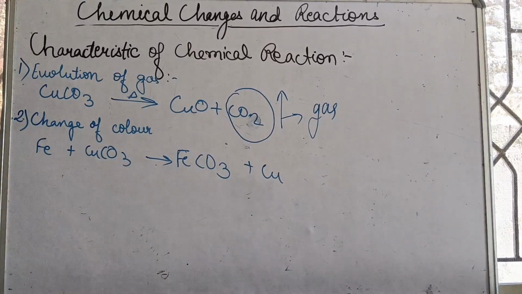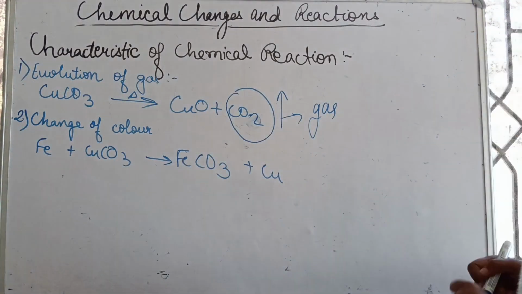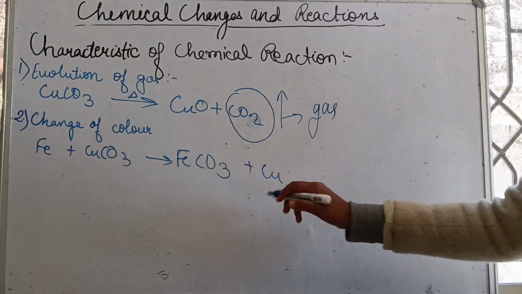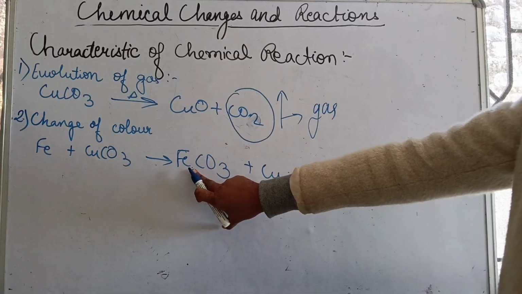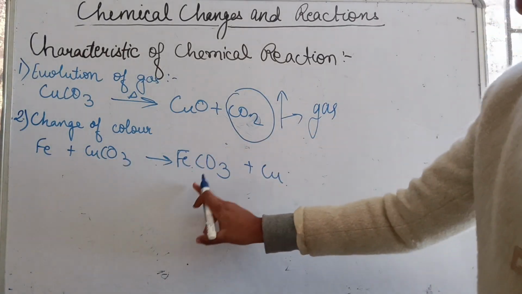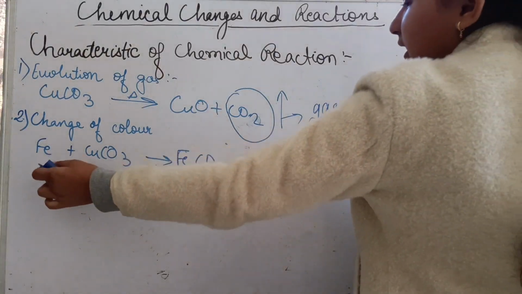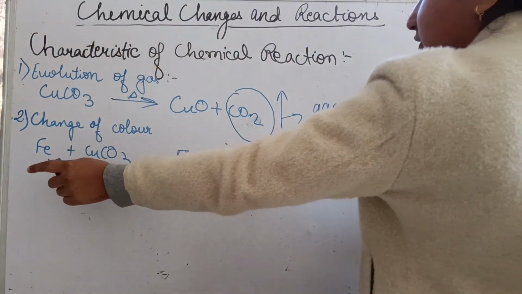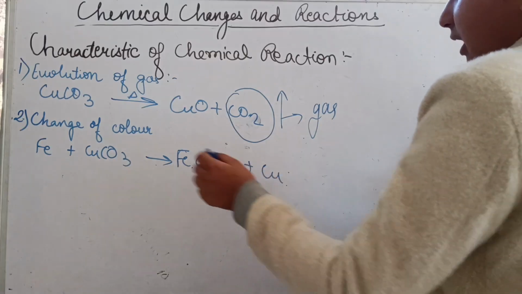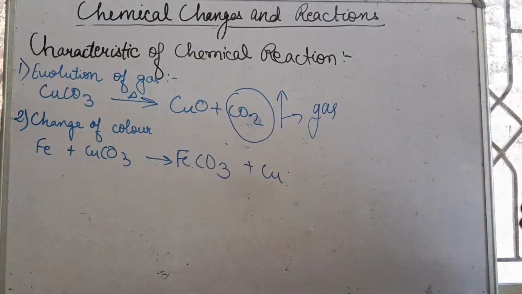Iron is of reddish brown color and this copper carbonate is of green color. So now when this copper carbonate joins into this, then this copper will gain reddish brown color and this will have the blue color. So the change is there in the color. First only one element, single, no compound, was reddish brown. This is reddish brown. But this was green, this is blue now.